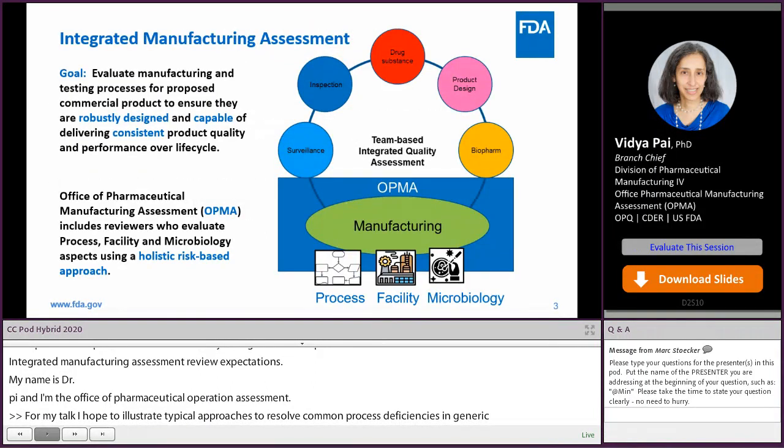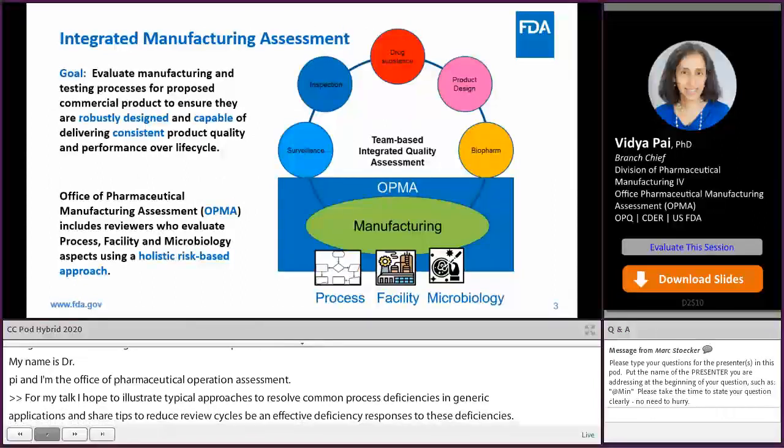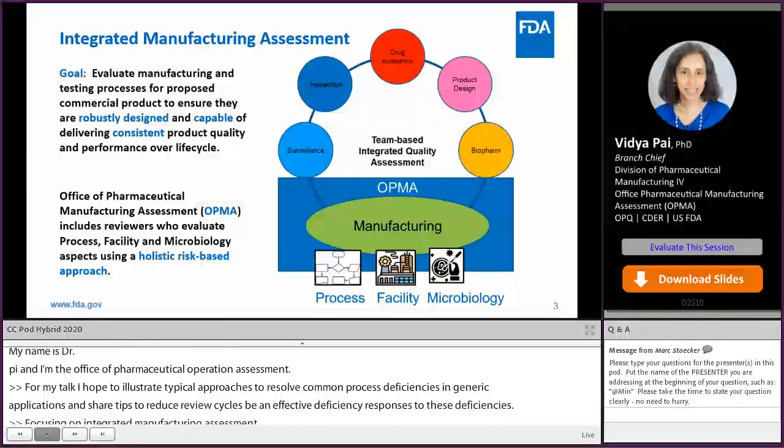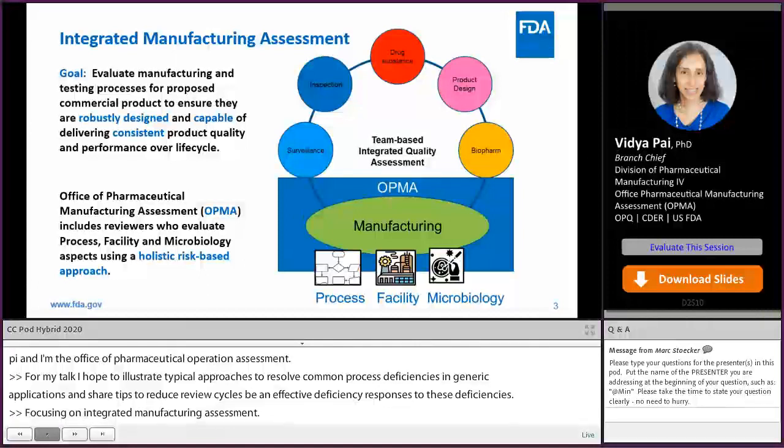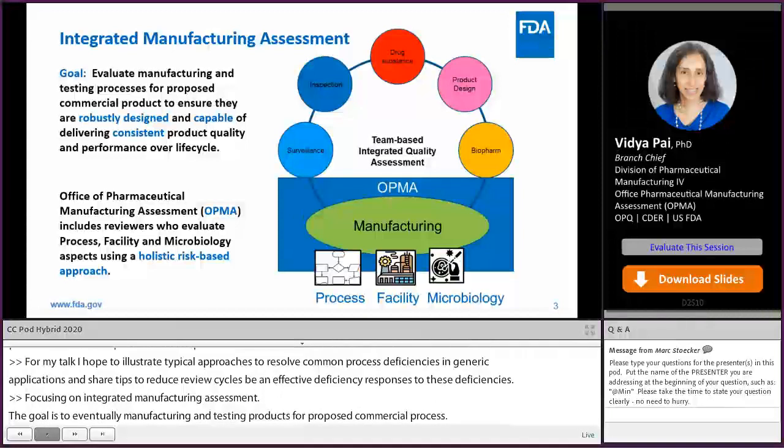So, focusing on integrated manufacturing assessment, the goal is to evaluate manufacturing and testing processes for the proposed commercial process and product to ensure that it is robustly designed and capable of delivering consistent product quality and performance over the life cycle.